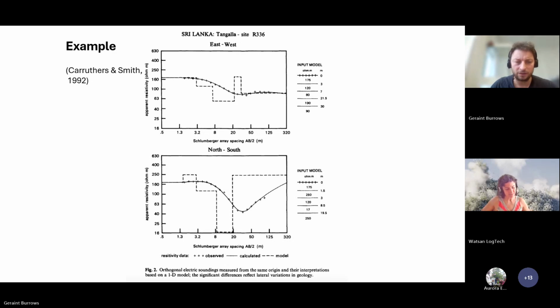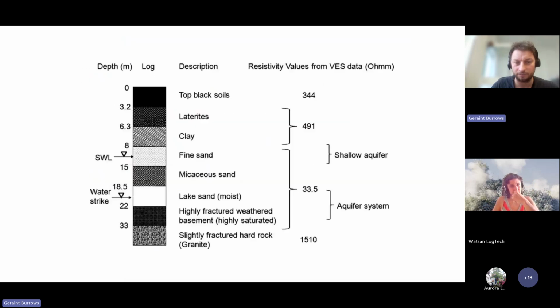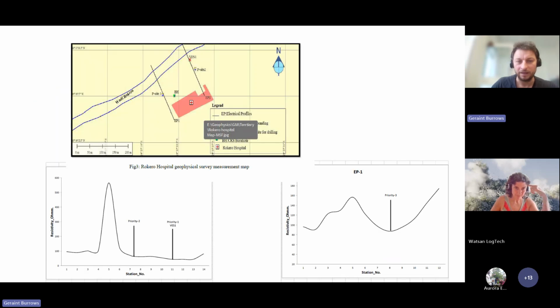I don't know the exact details of this particular paper, but let's say they did this vertical electrical sounding here. In that paper, in one vertical electrical sounding they extended their electrodes north and south, and the second time they extended their electrodes east to west.